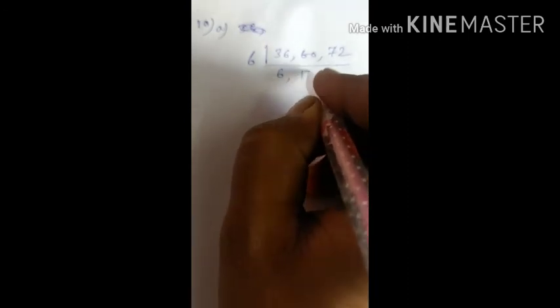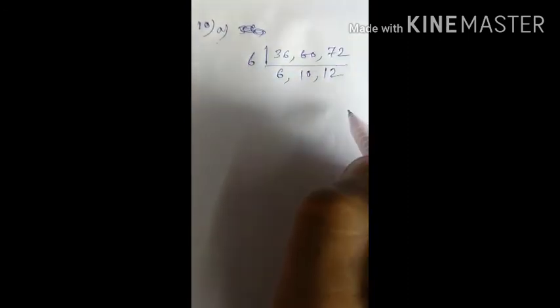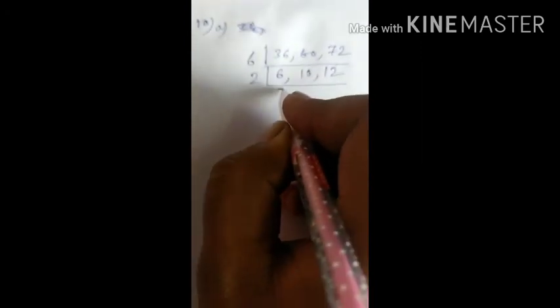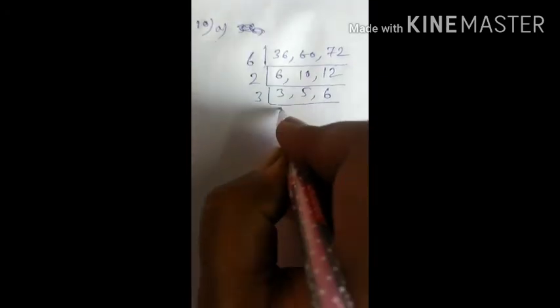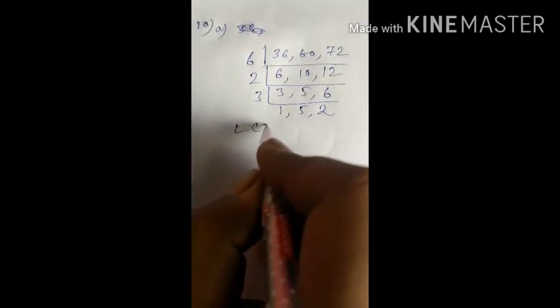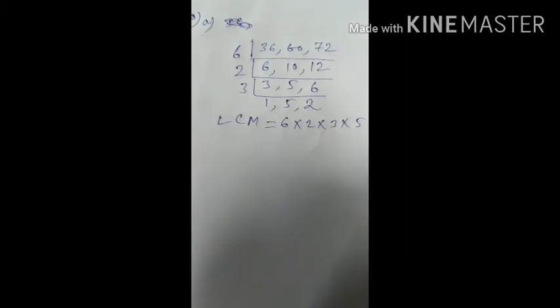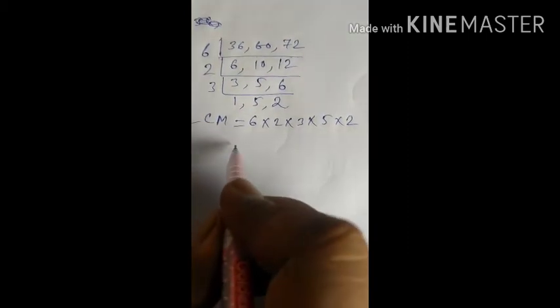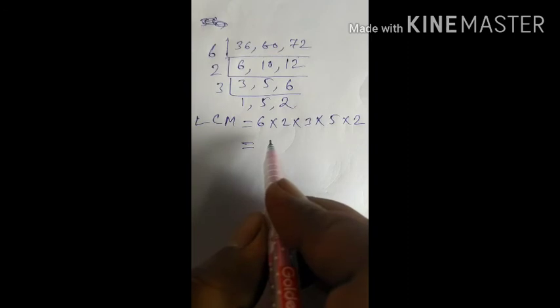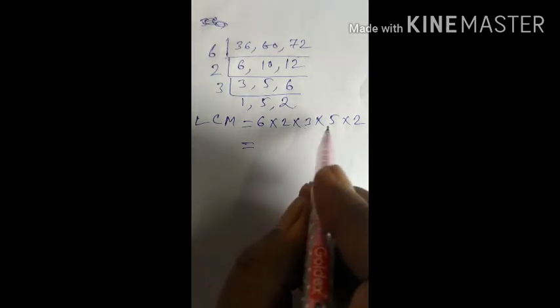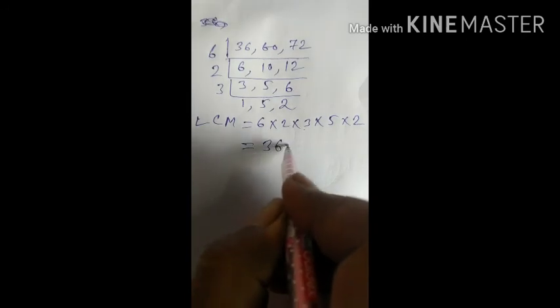Okay, so to find the LCM we have to proceed by the prime factorization method. Here 6 6s are 36, 6 10s are 60, 6 12s are 72. Now 2 3s are 6, 2 5s are 10, 2 6s are 12, then 3, 5, 6. So the LCM will be 6 into 2 into 3 into 5 into 2, that is 36 into 10, 360.